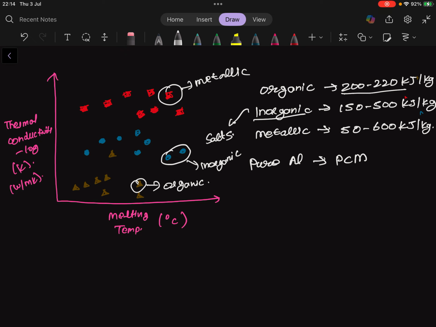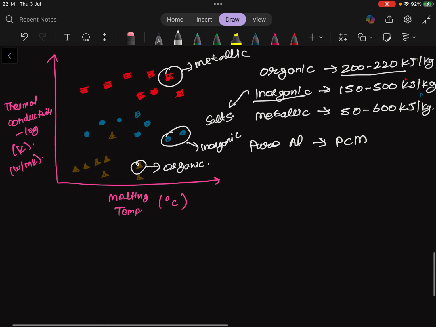For inorganic materials like salts, they have low melting temperature, but we have the same salts that are used in concentrated solar power plants that can work at approximately 500 degrees Celsius. So we have problems related to stability, degradation, interaction with the container, and so on.